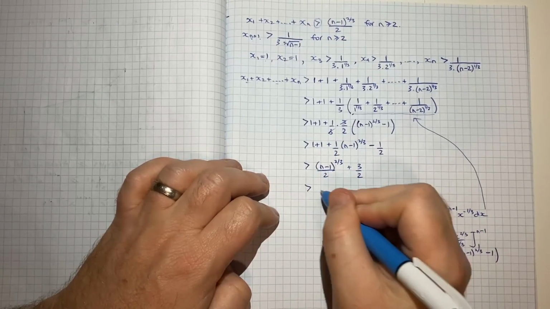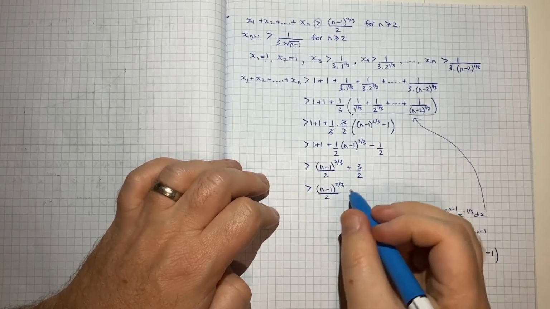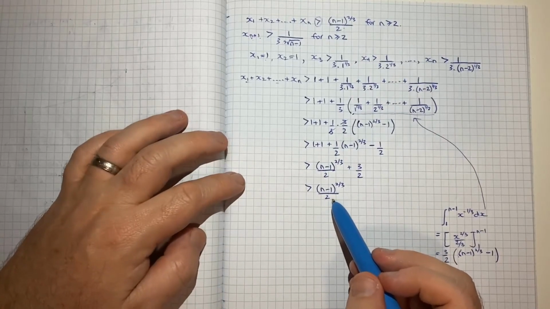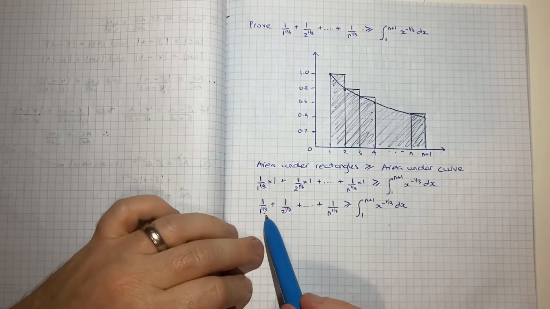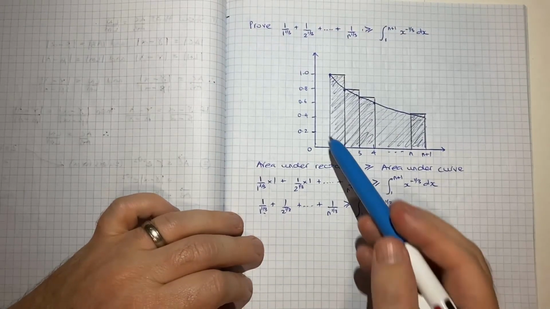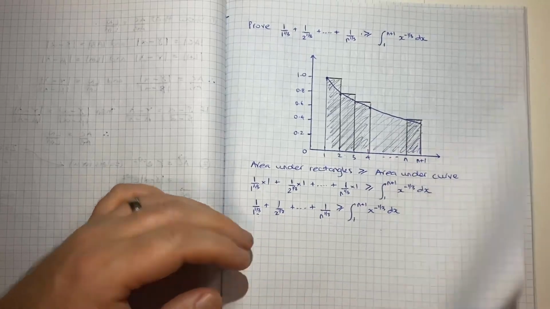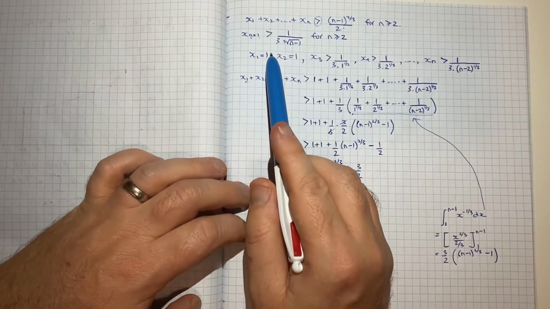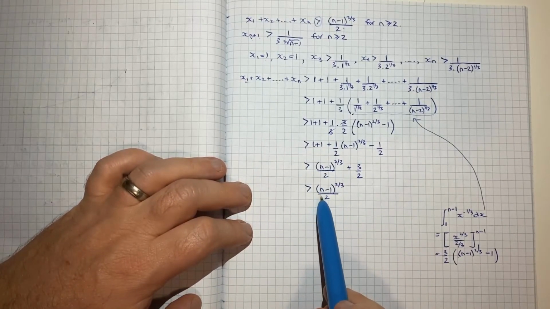So greater than n minus 1 to the 2 on 3 on 2, which is what we were being asked to show. So there we see, by doing the first part of this question using our charting technique, getting a result, and then making use of both that result and the result from part 2, we've been able to demonstrate this inequality that we've been asked to demonstrate.